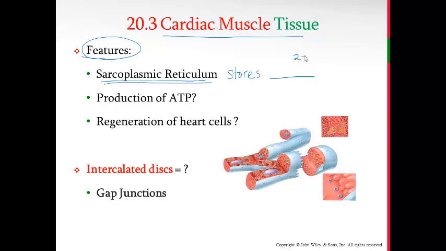I'll give you a hint. It's charged. Another hint, you see a lot of it in milk, right? Calcium. So this is a place that they store calcium, and actually they found that there is a little bit less sarcoplasmic reticulum in cardiac muscle cells than in skeletal muscle cells.